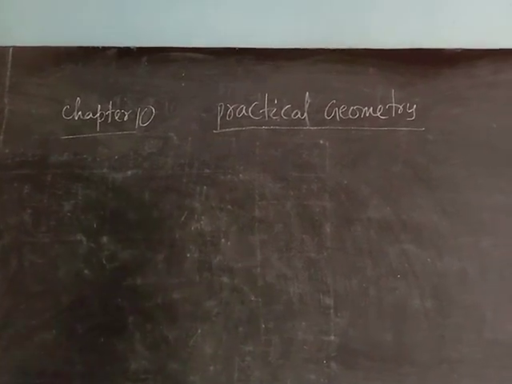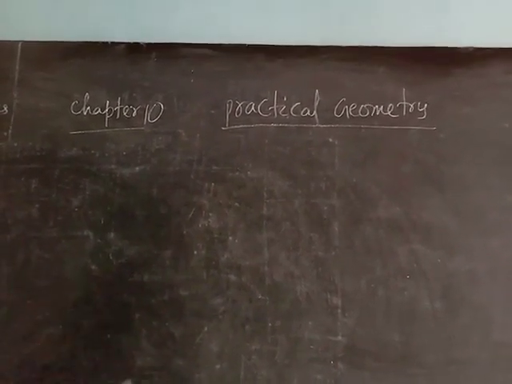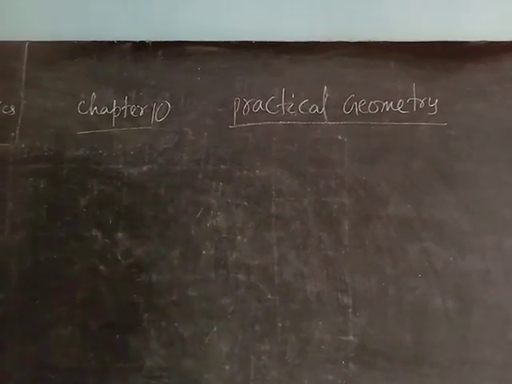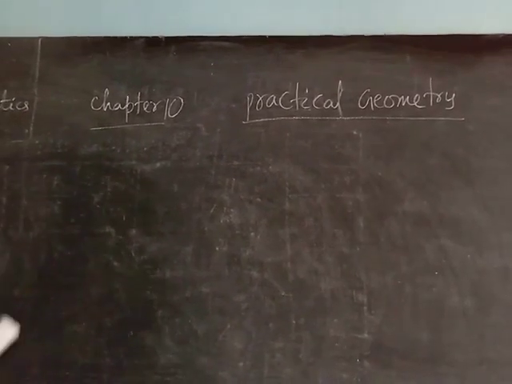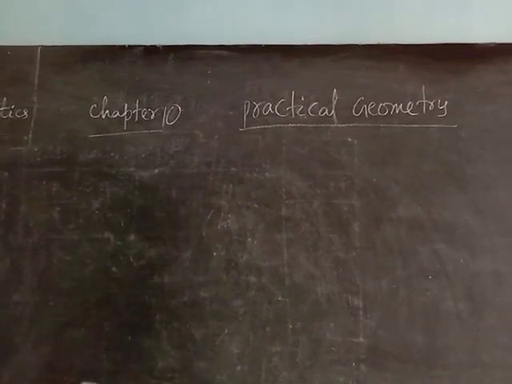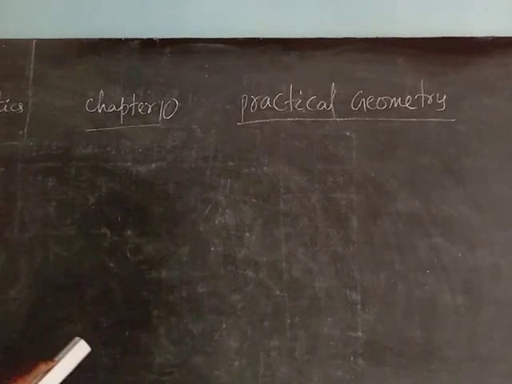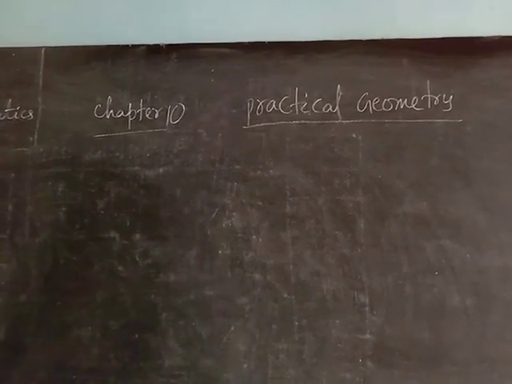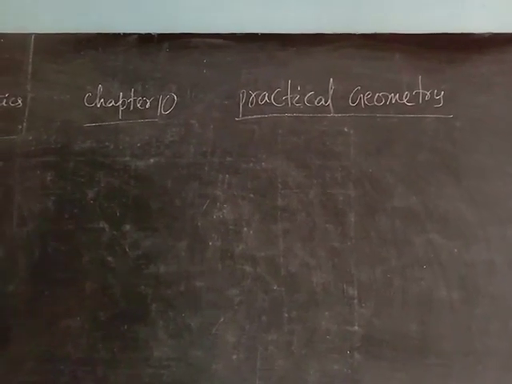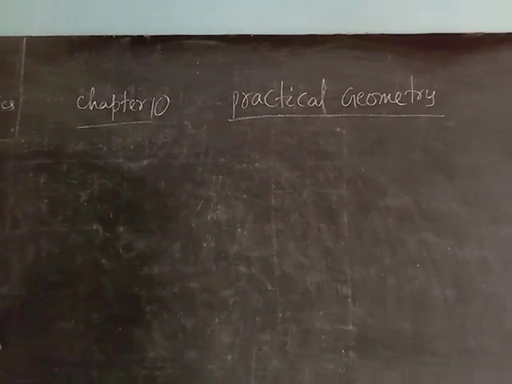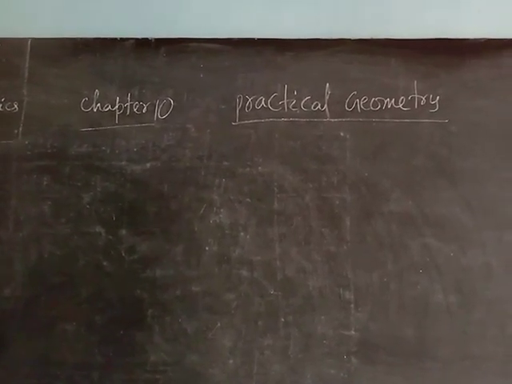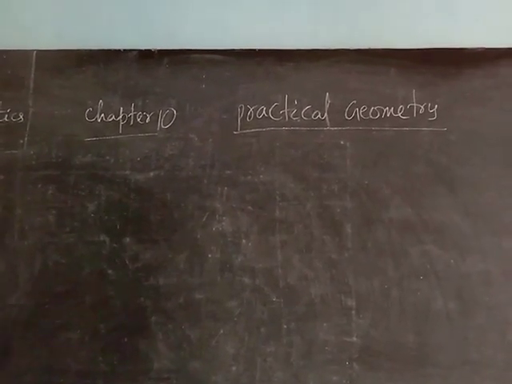Suppose two sides and the angle between them are given, that is also possible. And if two angles and the side between them are given, that is also possible to construct a triangle. Then if the hypotenuse or base or anything is given, that is also possible to construct a triangle.